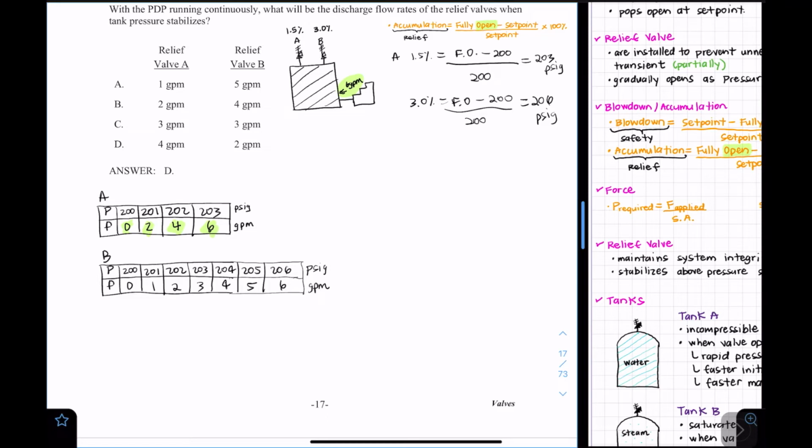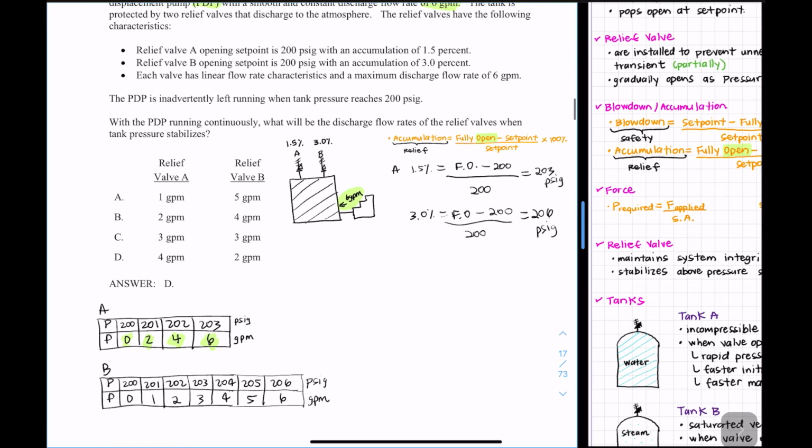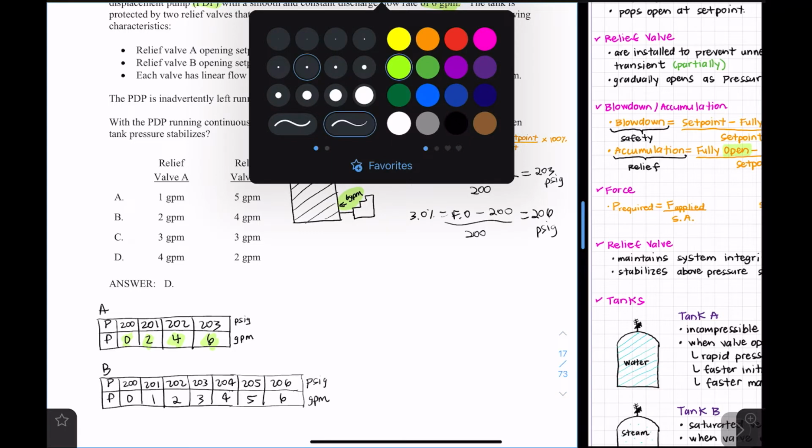So if I let them open at 200, they have to be at the same pressure when I start letting them open. But how do I know? In other problems, we have seen that when we have relief valves, usually one of them opens completely, but this is not going to be the case. So let's analyze this one.